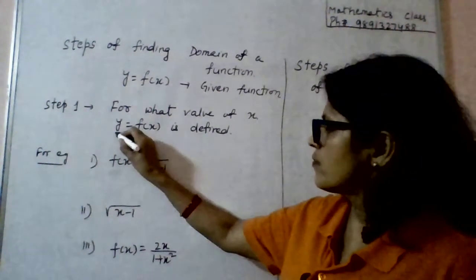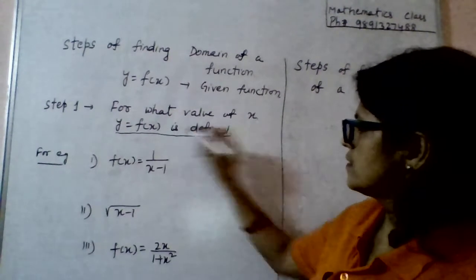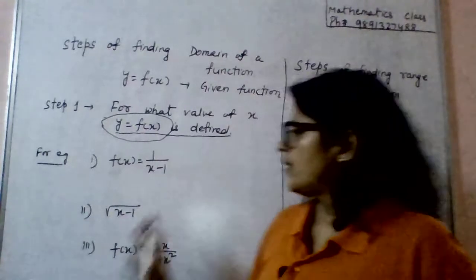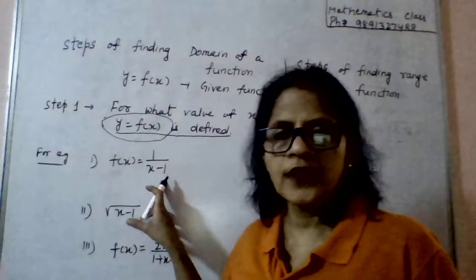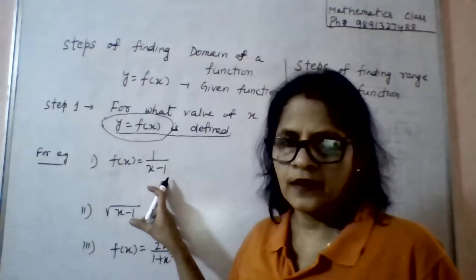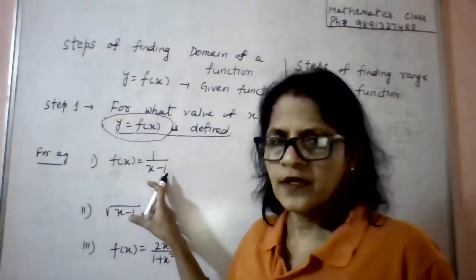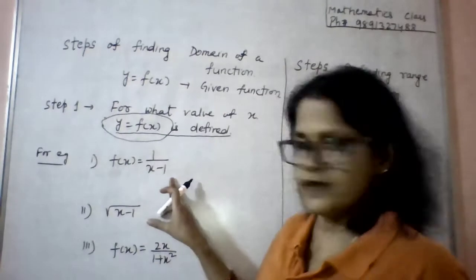Whenever we say y equal to f(x) is defined, it means this is a real number. y equal to f(x) is real, right? For example, suppose I say f(x) equal to 1 by x minus 1. We have to find the domain of this function. As I said, for what value of x is this defined?